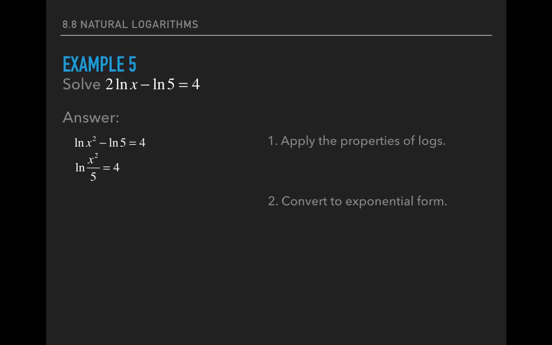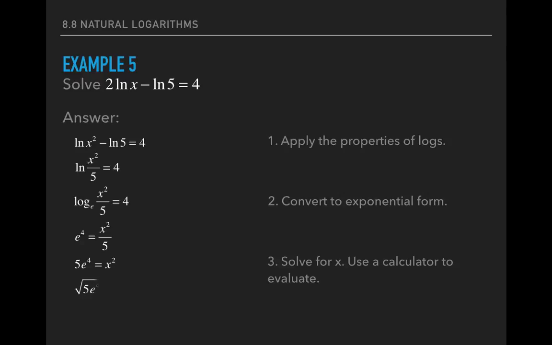You can then convert this to exponential form, remembering that your base here in your natural log is e. e to the 4 is x squared divided by 5. If you multiply each side by 5, that's getting x a little bit more by itself. You're going to take the square root of that value, and using your calculator you should get about 16.5224.